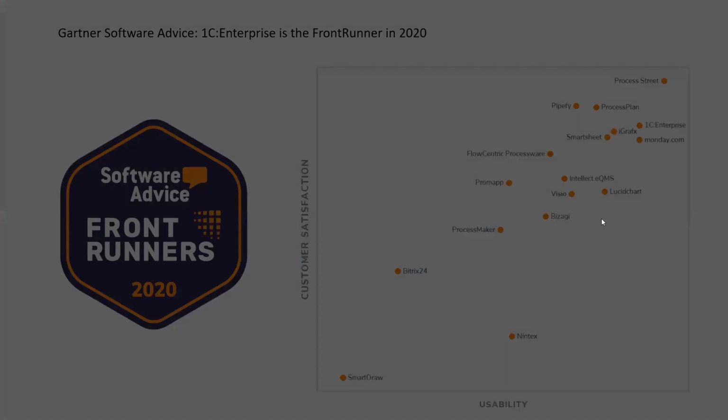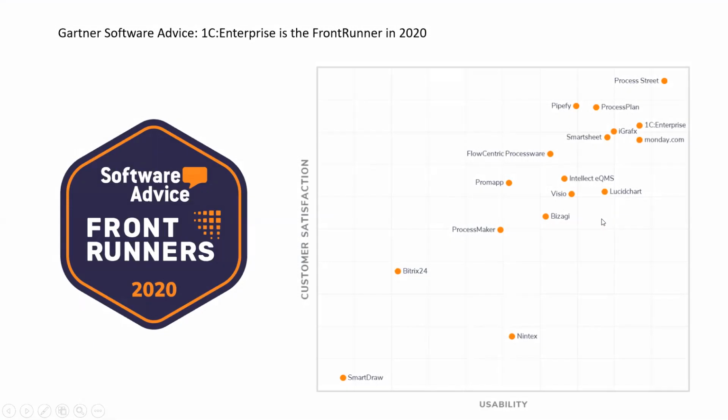And just recently, at the end of last year, the 1C Enterprise platform was nominated by Gartner Software Advice, which is one of the most trustworthy software advisories. They've nominated 1C Enterprise as a front runner.